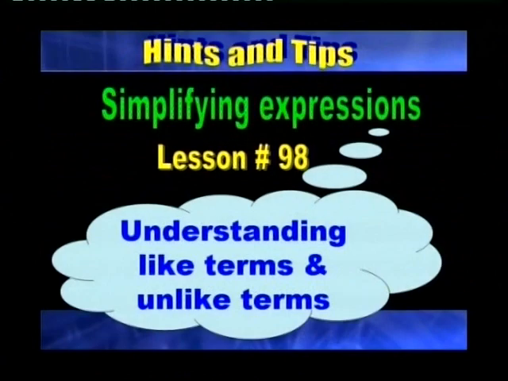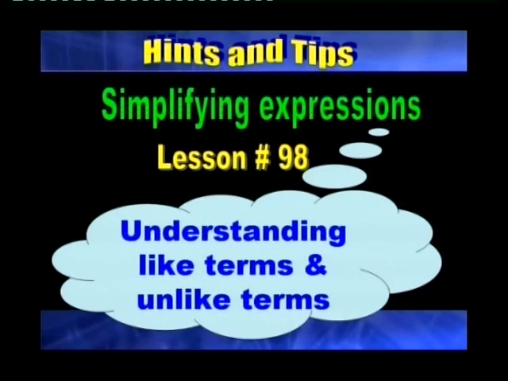Teachers, our today's lesson on simplifying expression, lesson 98, is on understanding like terms and unlike terms. Teachers, many a time students get confused with like terms and unlike terms.